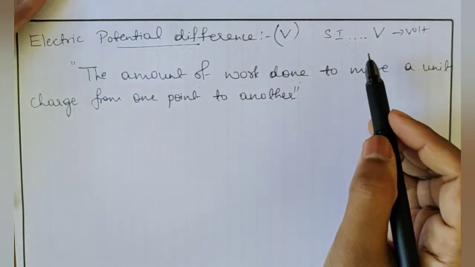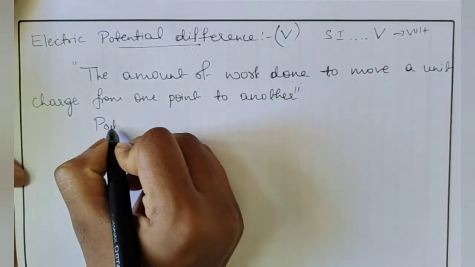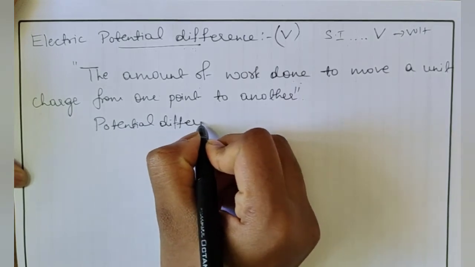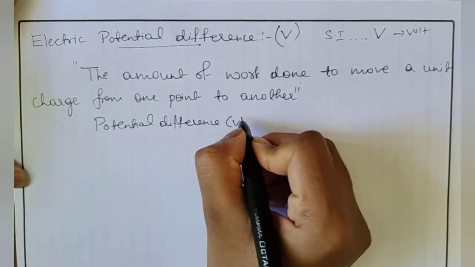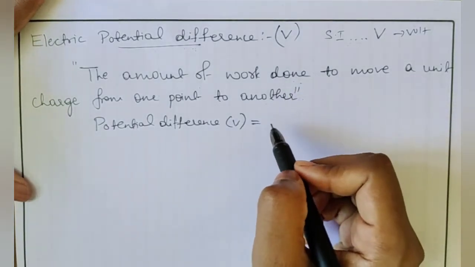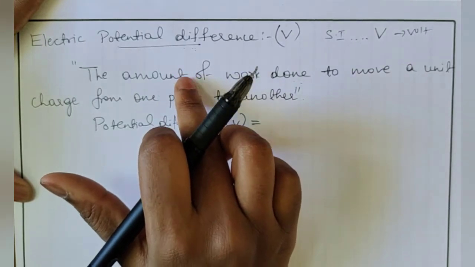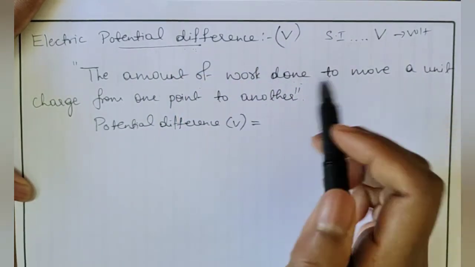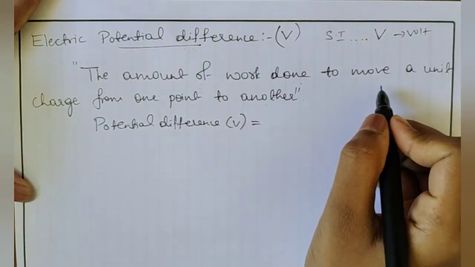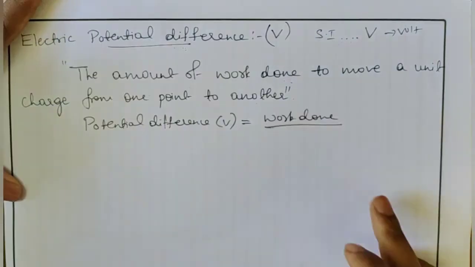Now let us see the formula for this potential difference. So potential difference, which is denoted by V, is nothing but, look at the definition. Always remember, definition indicates the statement. Just by looking at the statement we can write the formula. So here what we have, work done to move a unit charge from one point to another point.